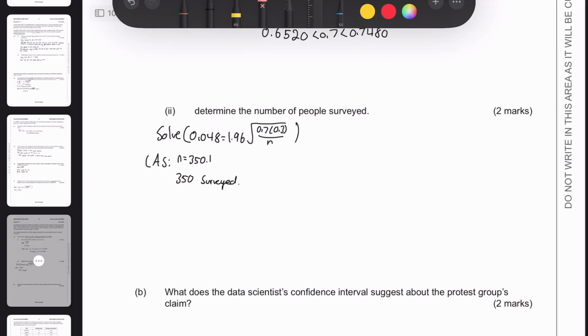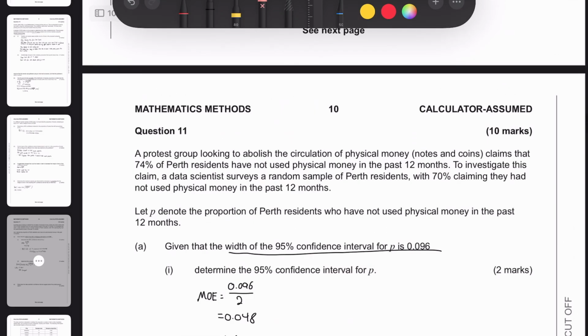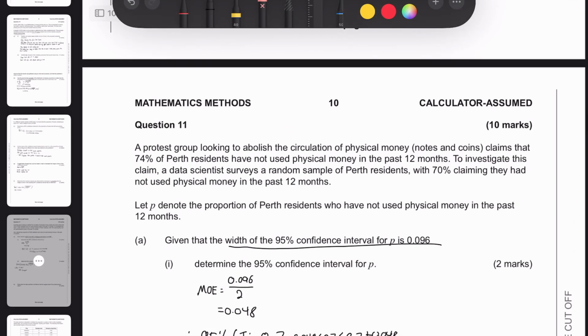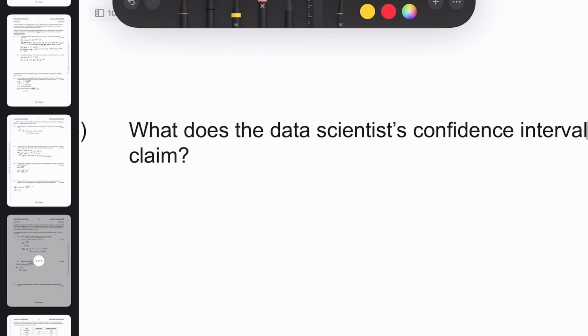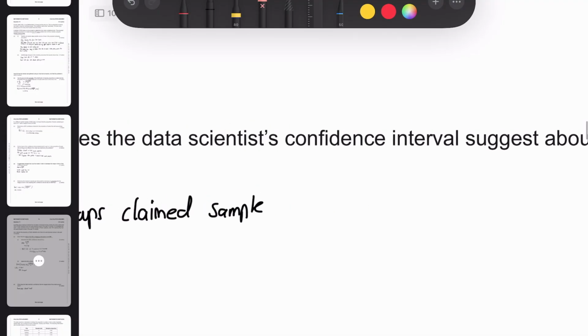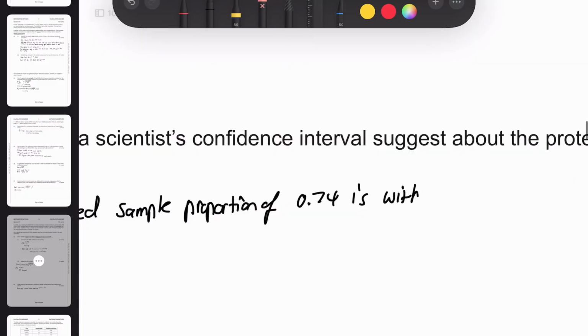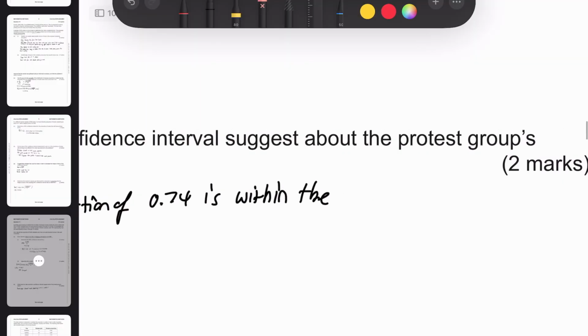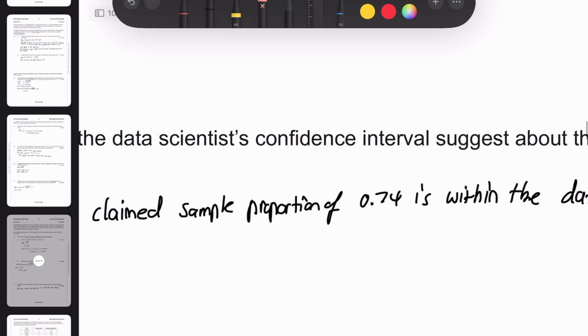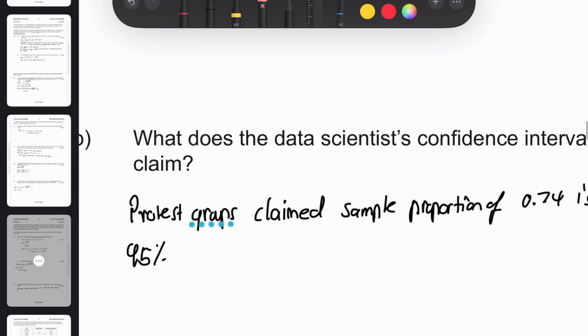What does the data scientist's confidence interval suggest about the protest group's claim? The sample proportion of 0.74 is within the data scientist's 95% confidence interval.